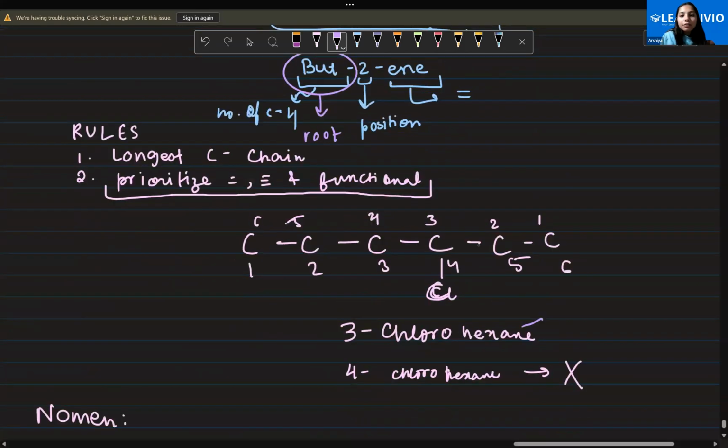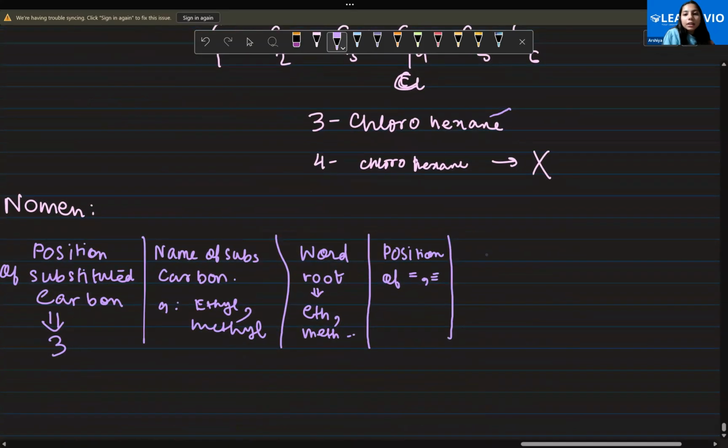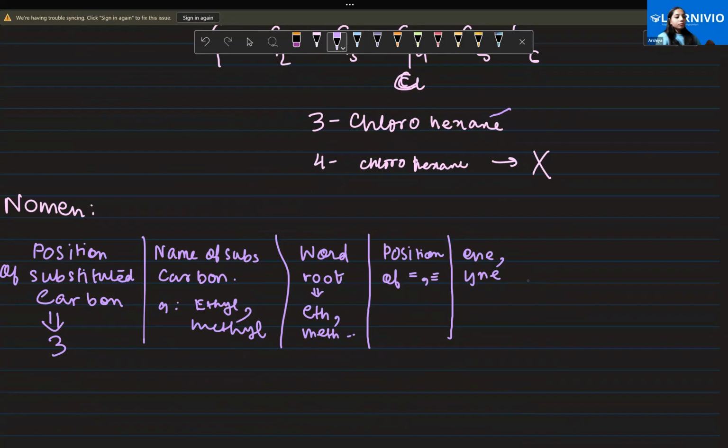Now after that, we will write ene or yne or even ane. Right now it looks like a lot, but once you start solving by looking at this table, then you'll be able to understand. Now, we'll write the position of functional group. Like in this, the functional group was 3.